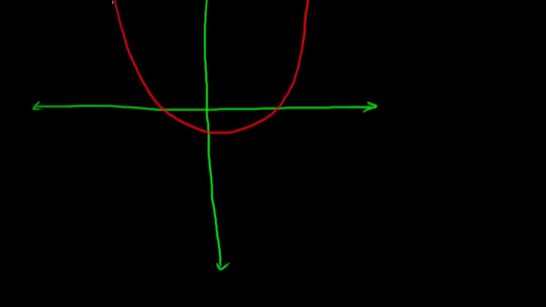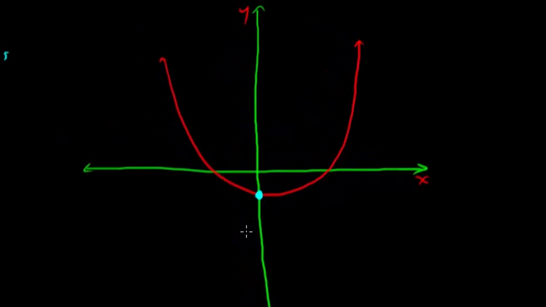So here's my parabola. And remember that this is the y-axis and this is the x-axis. Quite simply, there are two types of intercepts. There are y-intercepts and there are x-intercepts. Can you guess where the y-intercepts are? Quite simply, the y-intercept is where the parabola intercepts the y-axis. So right here.